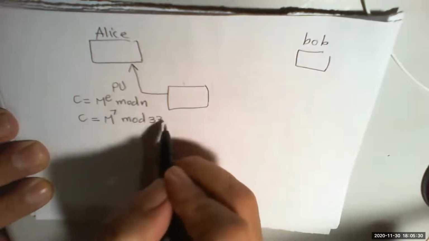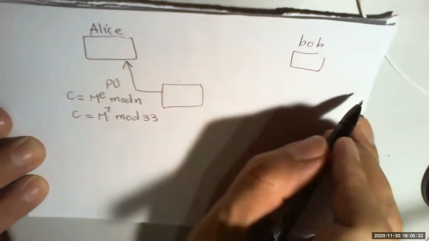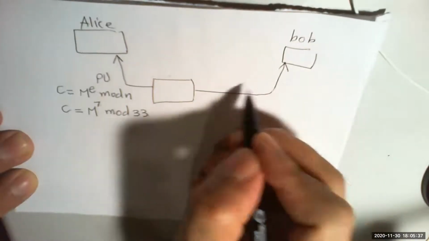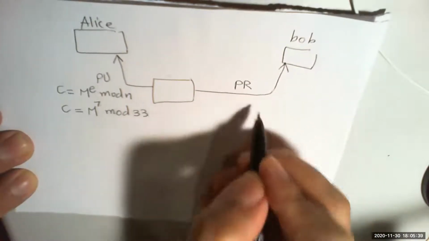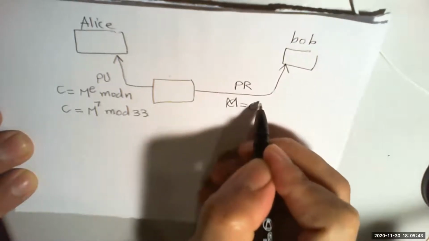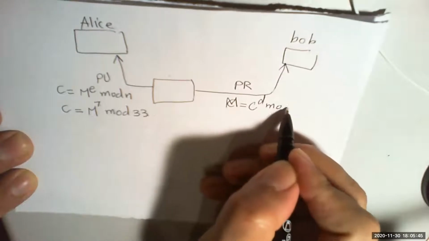We also use the private key, where M equals C to the power D mod N.